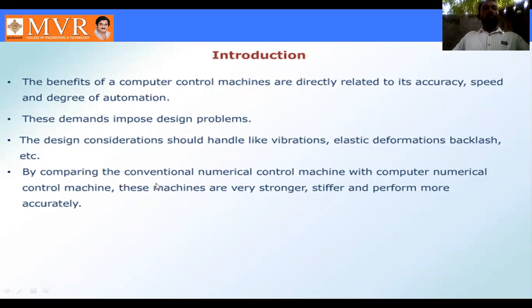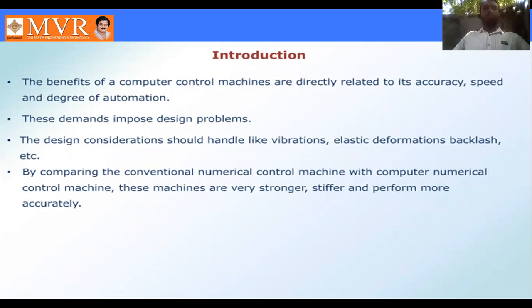Next, comparing conventional numerical control machines with computer numerical control machines. CNC machines are stronger, stiffer, and perform more accurately compared to conventional numerical control machines.